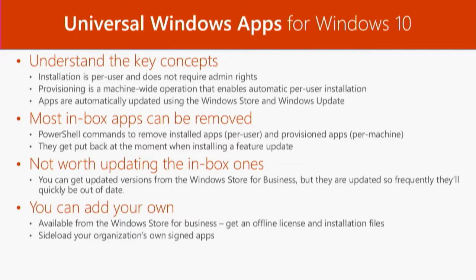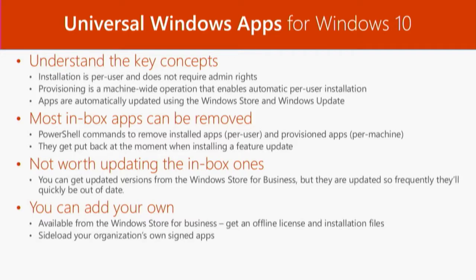You would provision a new app into the image and then it would install automatically for each user that logs onto the machine. We see a lot of people trying to create images that don't understand this, that think that they can just log on as the local administrator account, uninstall the apps, and then sysprep and capture, which doesn't work at all because the apps are still provisioned in the image.